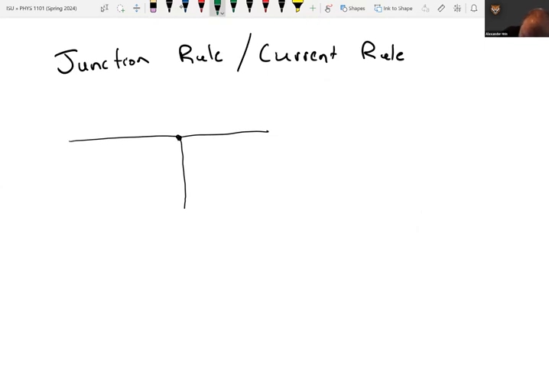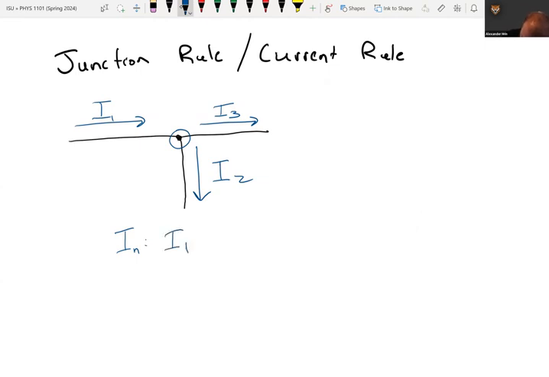Now the idea is that if you have I1 and then I2 and then I3, if we analyze this point, what goes into that point is I1.